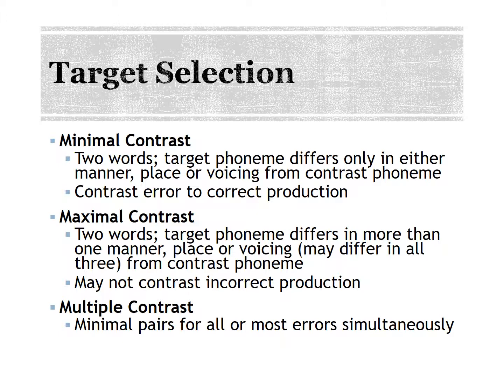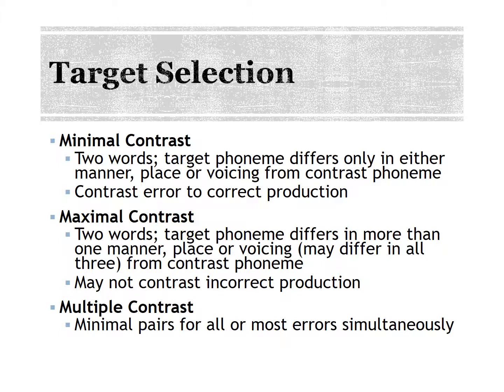Target selection for the minimal approach includes a minimal pair where the target phoneme typically differs in one feature, such as manner or place or voicing from the contrast phoneme.